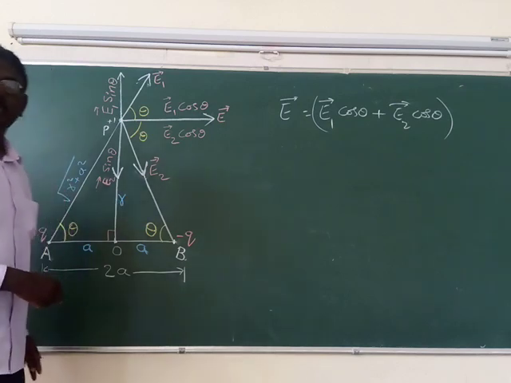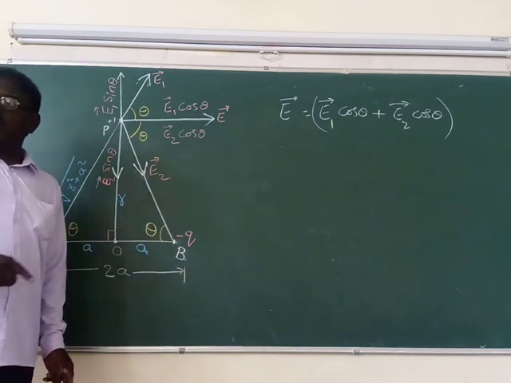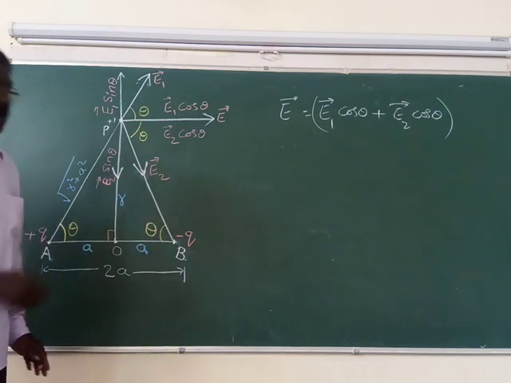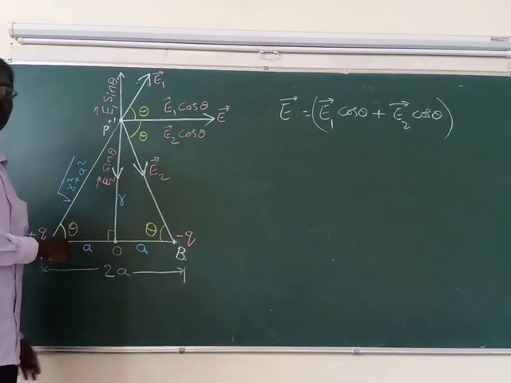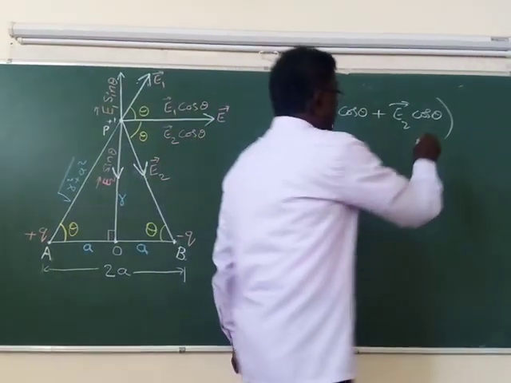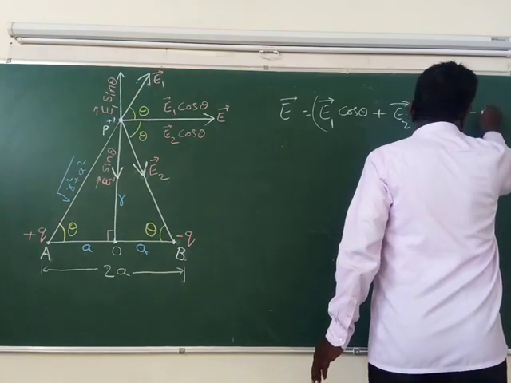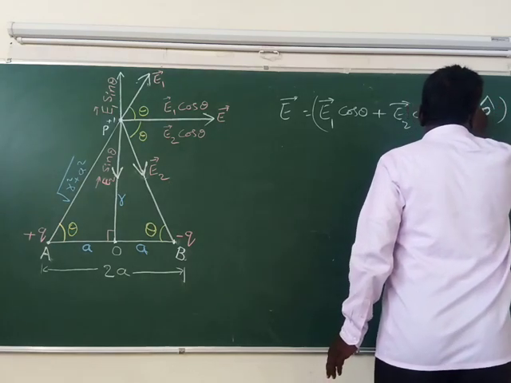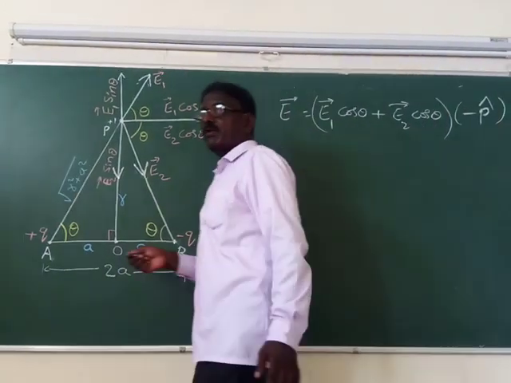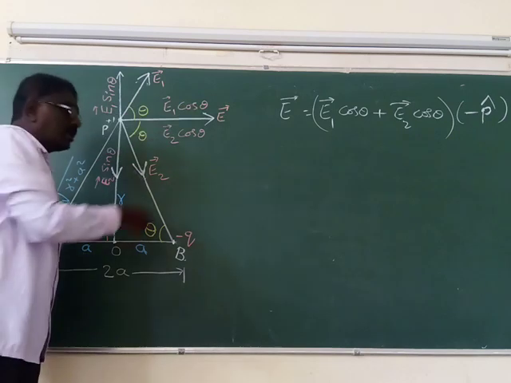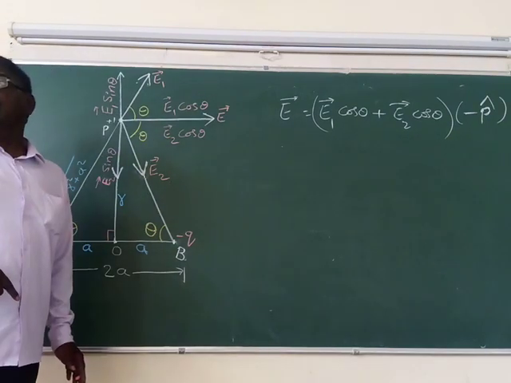Parallel to AB means opposite to the direction of electric dipole moment. What is the direction of electric dipole moment? From minus q to plus q, but this is from plus q to minus q. Therefore, the direction is written as minus p cap. Try to remember this, minus p cap. The minus sign indicates that the direction of E is opposite to the direction of electric dipole moment.